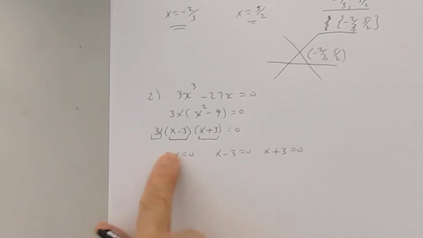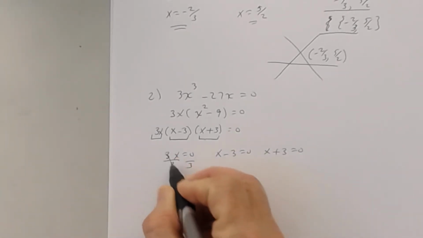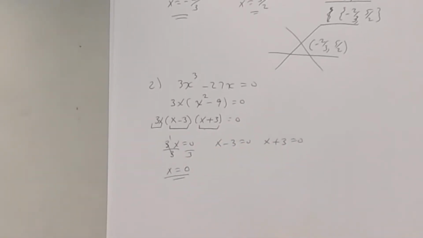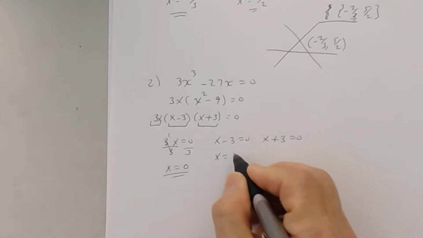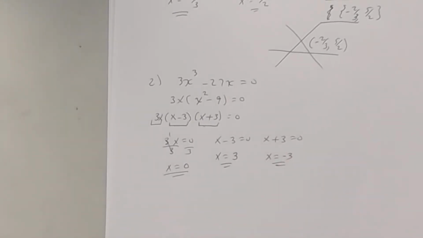Now, when 3x equals 0, how do I get x by itself? Divide by 3. And so what's one of my solutions? 0. Over here, what's the other solution? 3. And then over here, what's the other solution? Negative 3. All right, so those are your solutions.